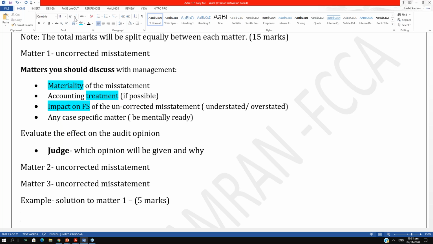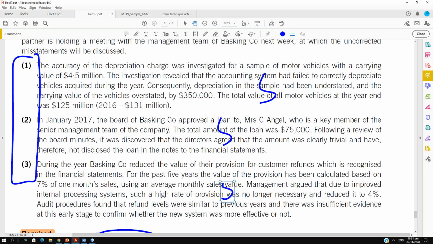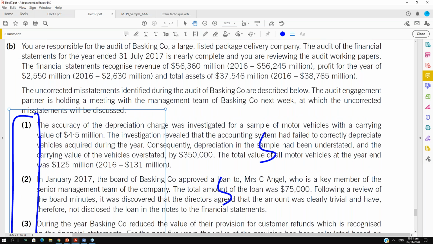And how many things do we have to do for matter 1? Number 1, discussion with management, and number 2, the impact on opinion. So these are the 2 things we have to do in context of 5 marks. Okay, let's read the case. Can you all just spend some minutes reading the first part?